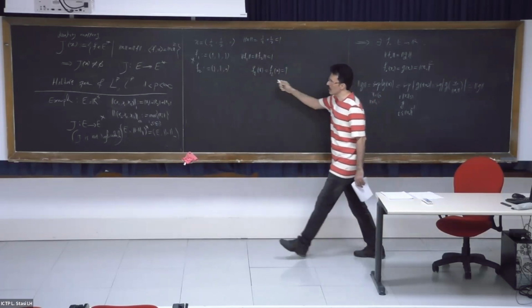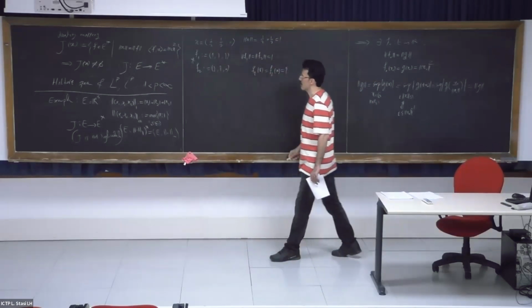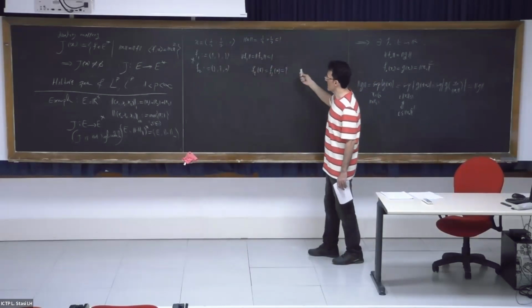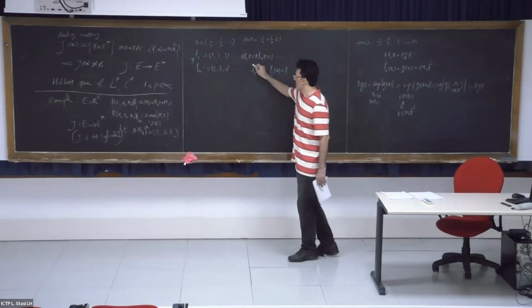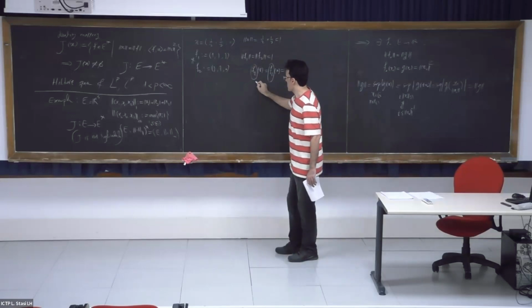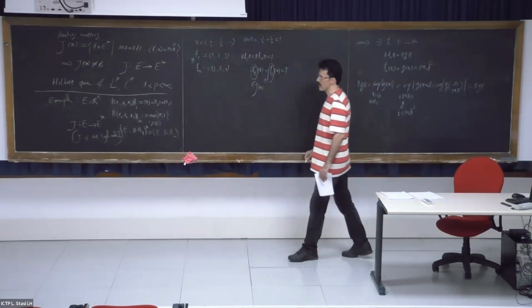It's easy to show because of the property that we have here, so J is not single valued because both of them belong to J of x.